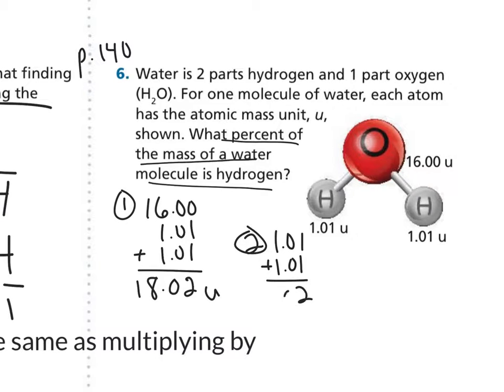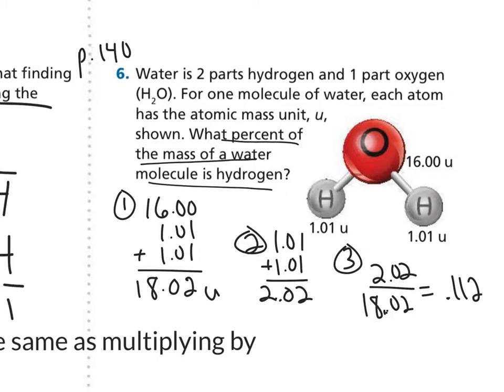The 2 hydrogen parts are 2 2/2. And then to find the percent, we could just take 2 2/2 divided by 18 2/2. If you divide that out, that'll give you a decimal, which is 0.112. Then you move your decimal 2 places to the right, which means that's equivalent to 11.2%.